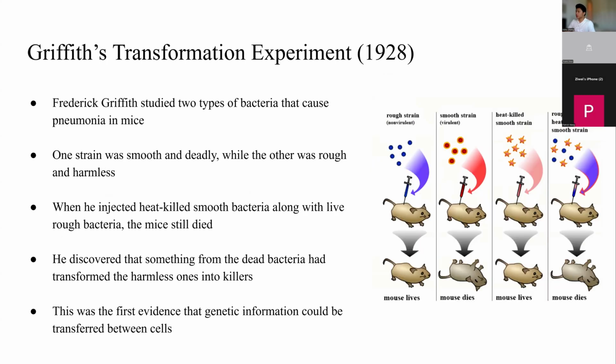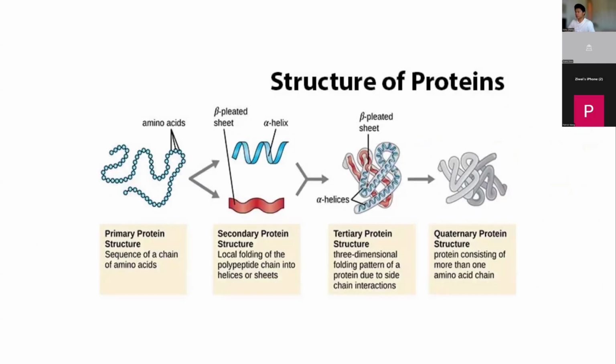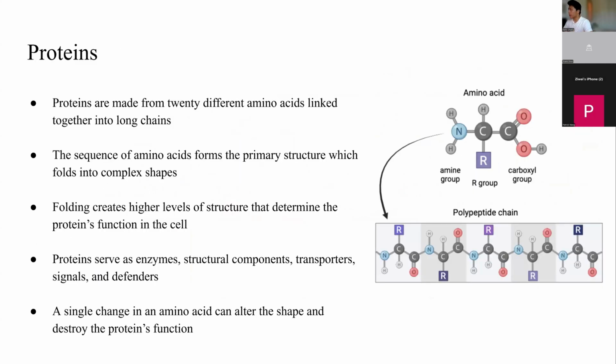So let's be clear about why they did that. Sulfur and phosphorus are exclusive to proteins and DNA. One does not have the other.